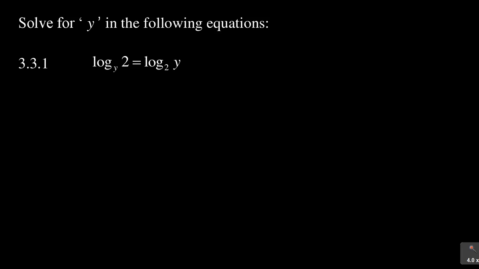Now what are you noticing there? You are noticing that the number 2 is a number on one side, it is a base on the other side. Y is a number on one side, it is a base on the other side. So the only way to simplify that is to make sure that you match the bases.